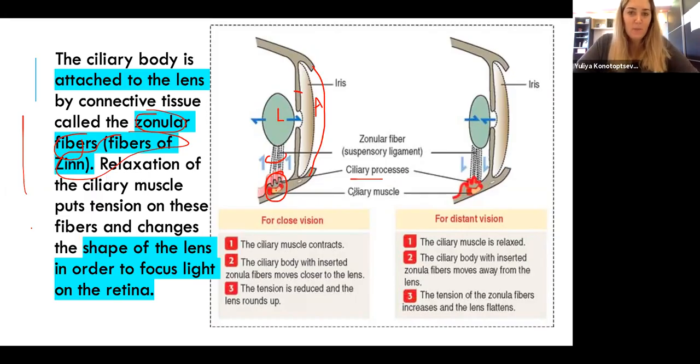So let's imagine something like this. If the ciliary muscle contracts, does it come closer to the lens or away from the lens? Away.